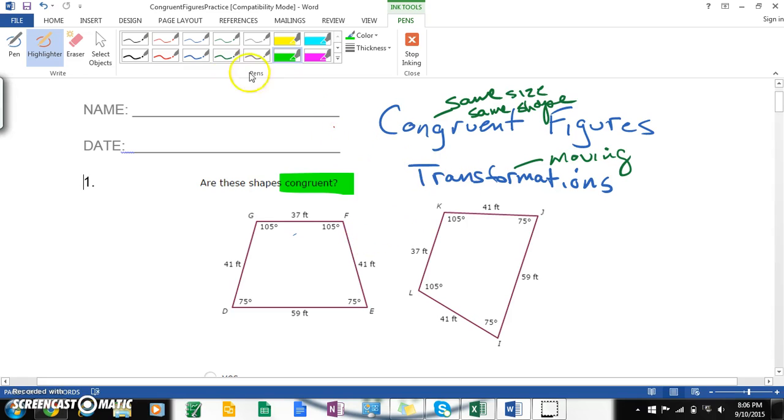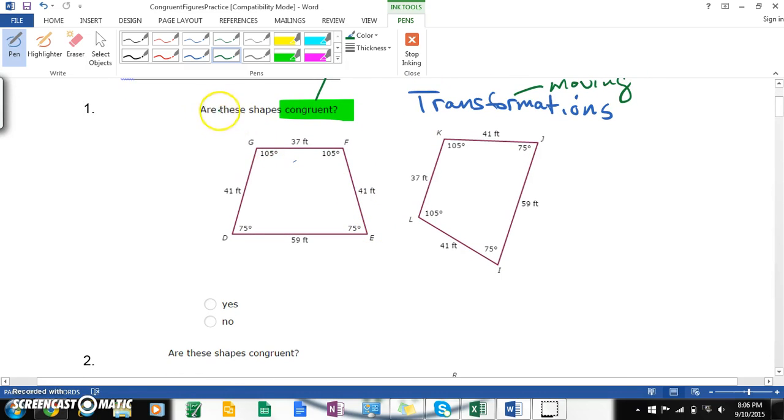When we talk about number 1 here, it says, are these shapes congruent? Okay, remember, talking about congruency. Think about what we were talking about. Same size, same shape. In order to figure that out, you want to look at the side lengths of this shape here and side lengths here, and see if they are the same size, same shape, same angle measures.